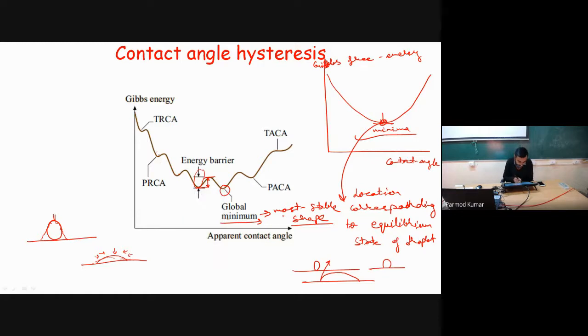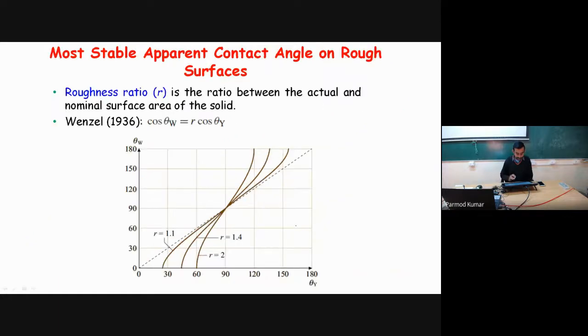That is why all these local minima are called metastable equilibrium positions, and the global minimum state is actually the most stable state of the droplet. Till this point it is clear.